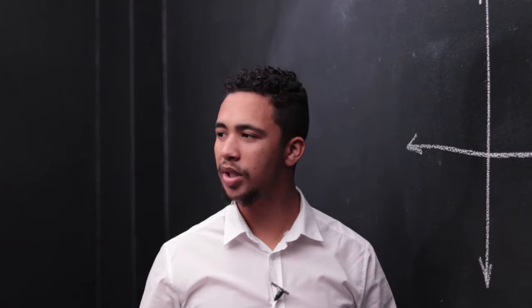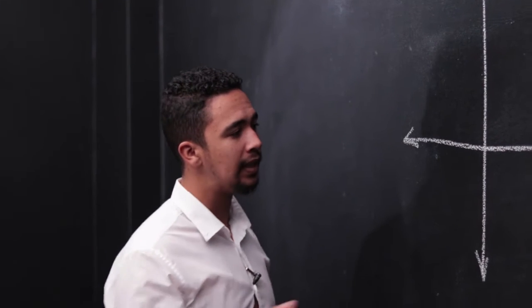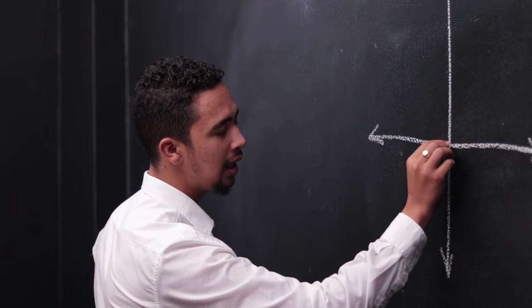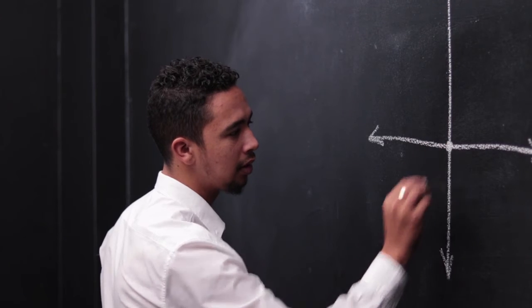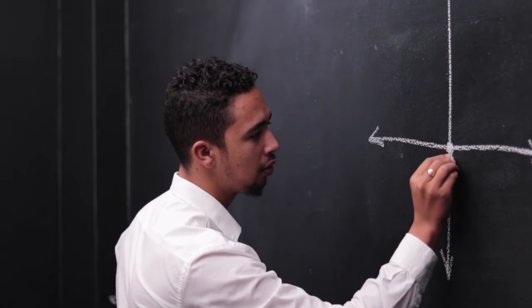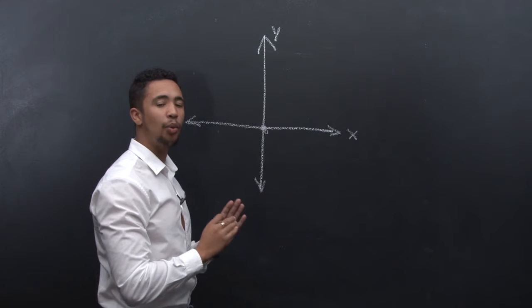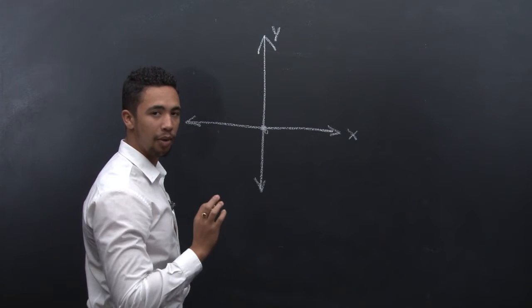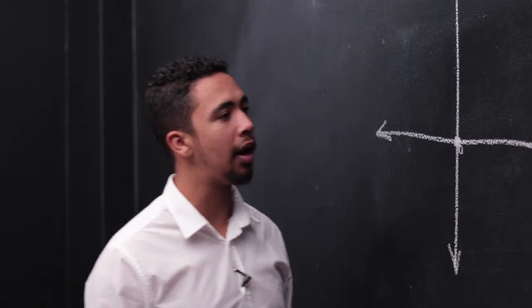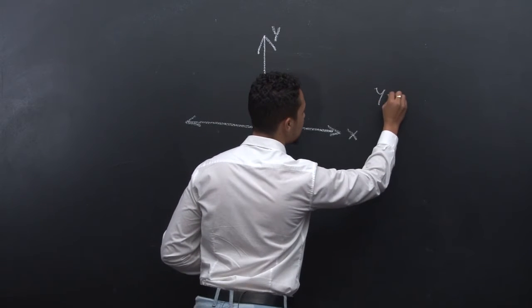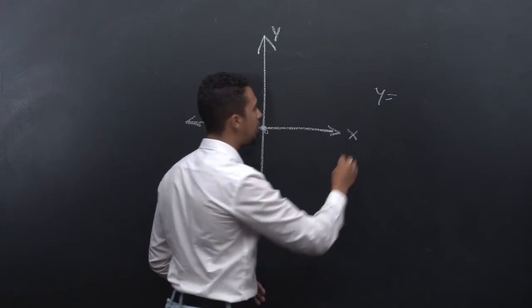So what's important to know here is that where they meet in the middle is our origin. And origin is equal to 0. So in other words, where x and y are both equal to 0. So let's look at a point whereby y is equal to a value like, let's say 3.